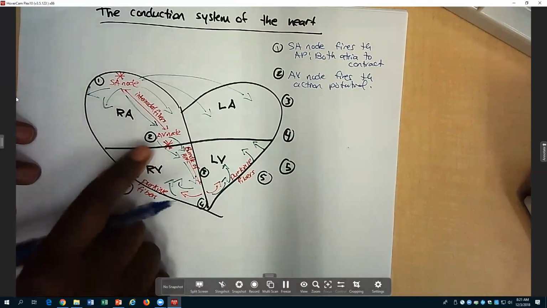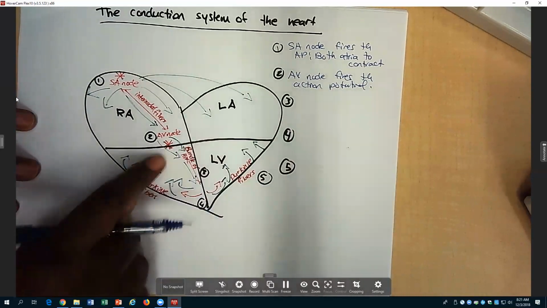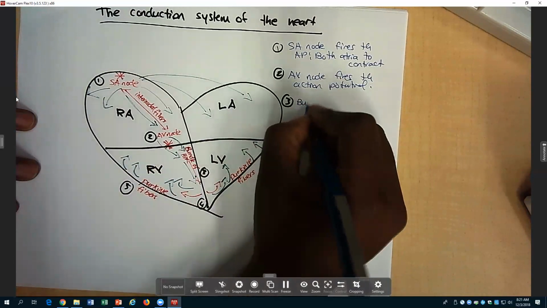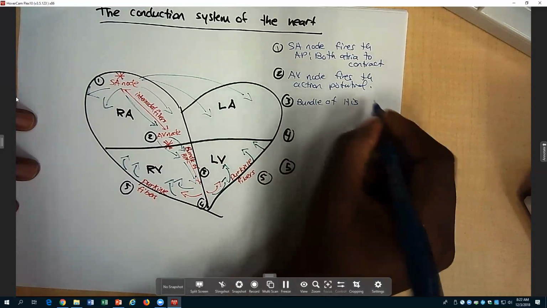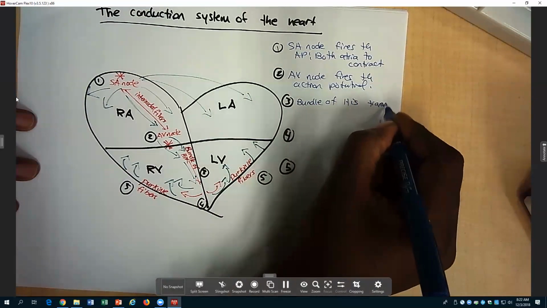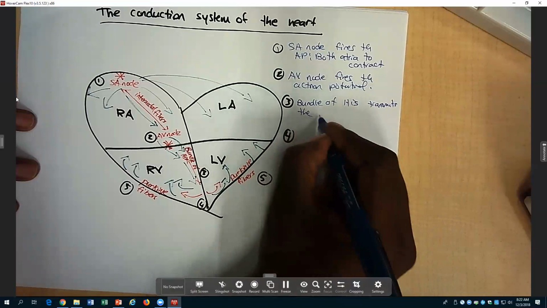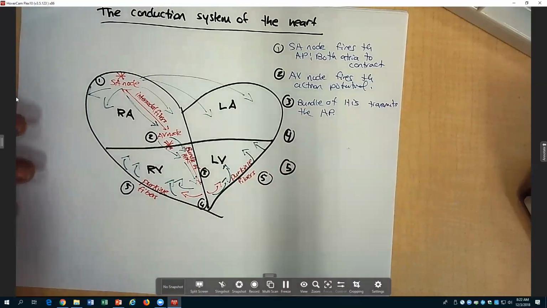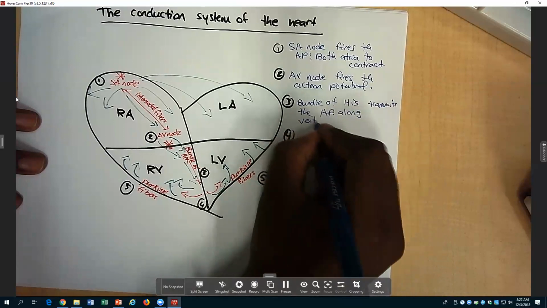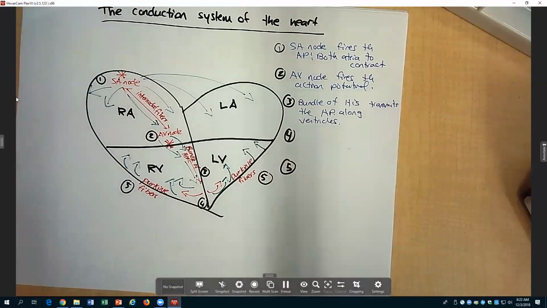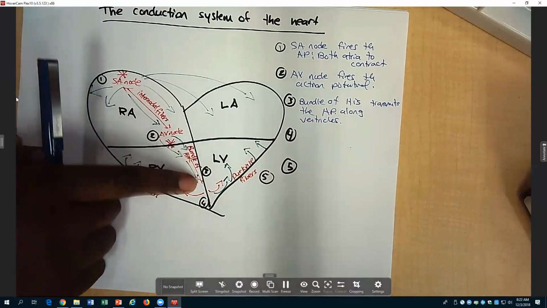Step 3, the impulse is transferred to the bundle of His. So the bundle of His, right, transmits the action potential along the ventricles. Okay, so SA node to AV node to bundle of His. This is where it's starting to get into the ventricles, but it's only along the middle here.